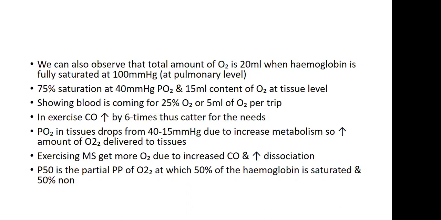In exercise, cardiac output increases by 6 times, which is needed to cater for the needs. 6 times आपका cardiac output, जो कि 5 liters था per minute, वो increase हो जाता है. Partial pressure of the oxygen in the tissues drops from 40 to 15 millimeters of mercury due to increased metabolism. This we have already discussed, how the increased amount of oxygen is delivered.